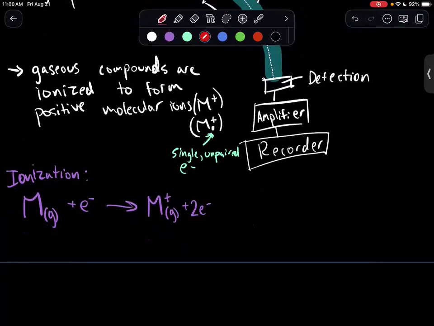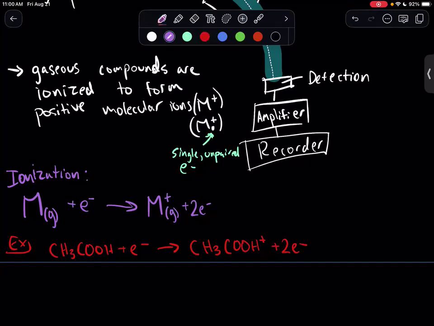If we did it with something like ethanoic acid, we might see CH3COOH plus an electron reacts to form CH3COOH plus, plus 2 electrons. Now, you might have noticed something really important here, which is the formula stays the same.